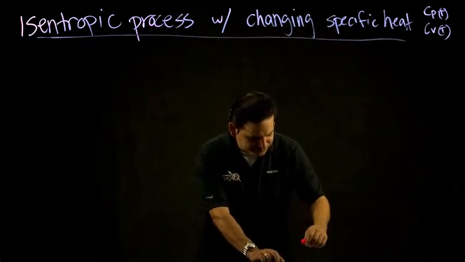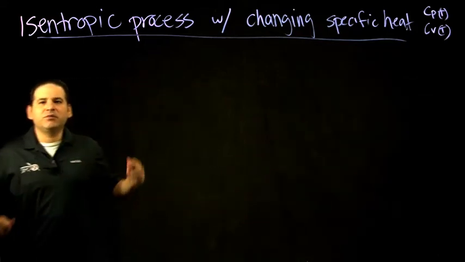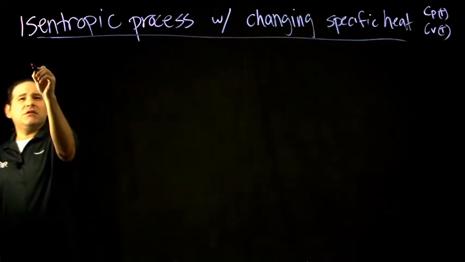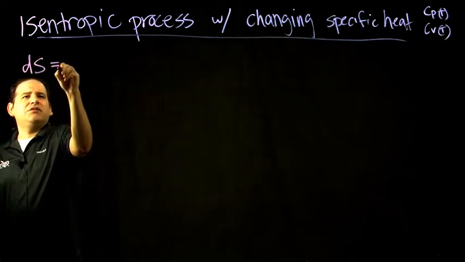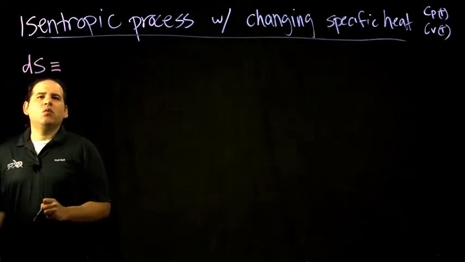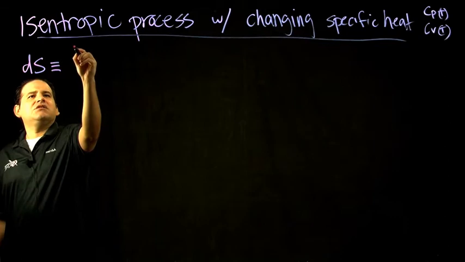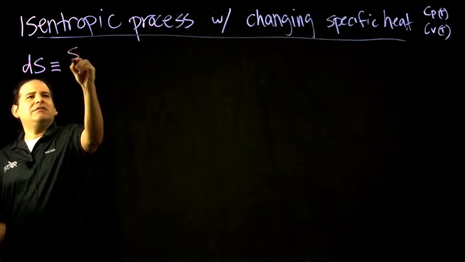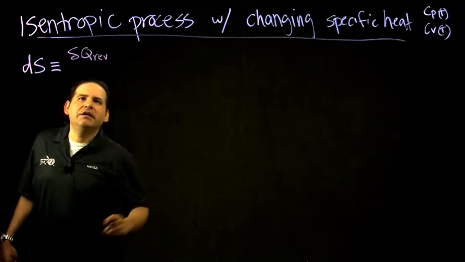So isentropic processes, this is entropy does not change. There's many ways to talk about entropy, but one of the fundamental definitions comes from the heat transfer during a process. So you can get some equal sign here instead of these inequalities.